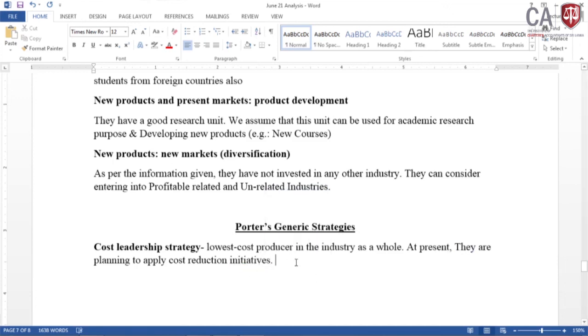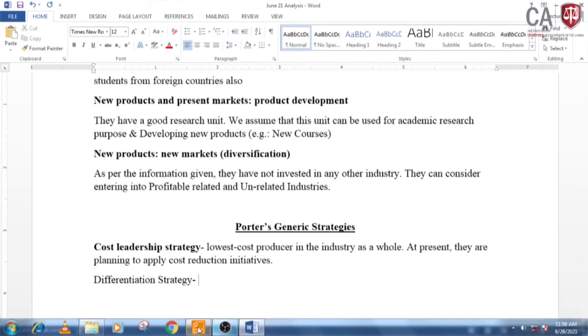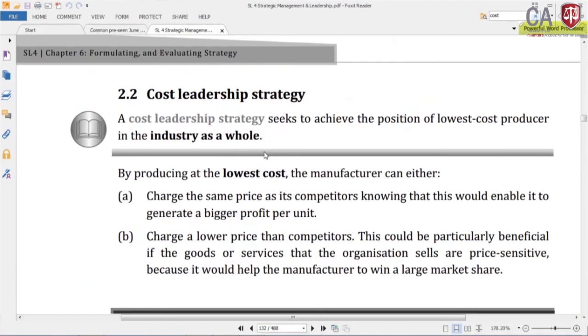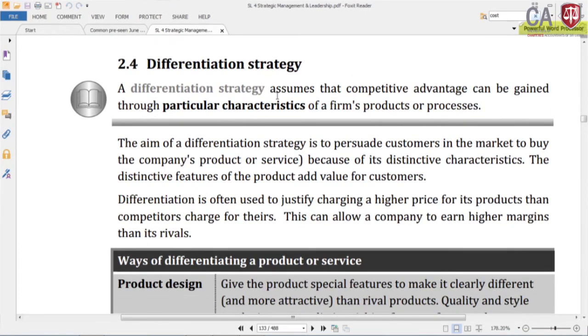Right. Then what is the next strategy? That is differentiation. Differentiation strategy. What we are trying to do under this particular strategy is to differentiate by offering a unique product.